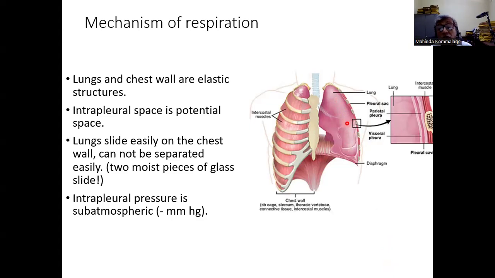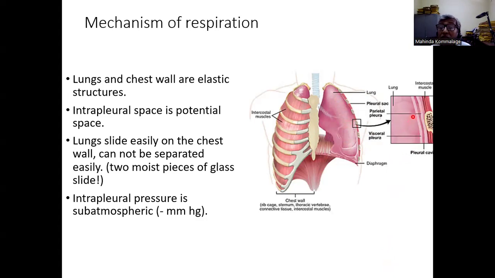The chest wall consists of intercostal muscles, ribs, and several layers you will learn in anatomy. The lungs are the organs we can see inside the chest wall.